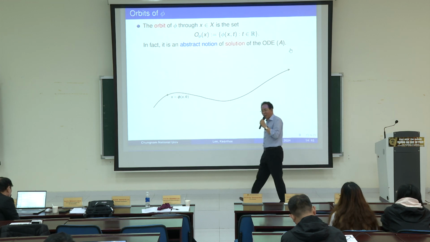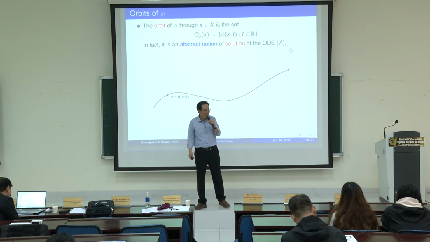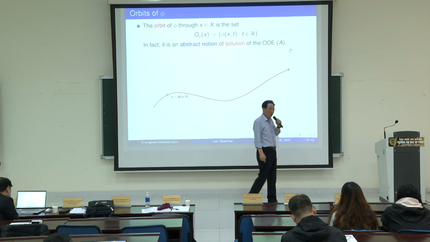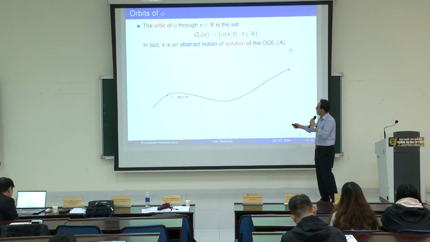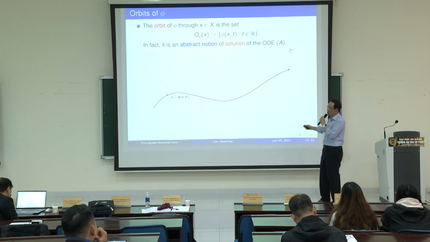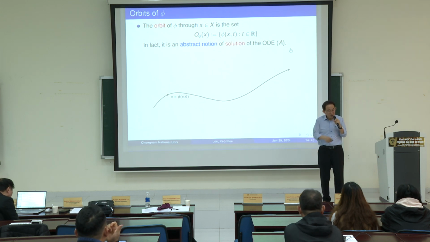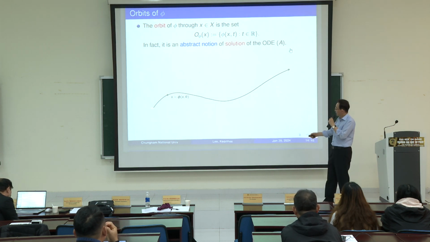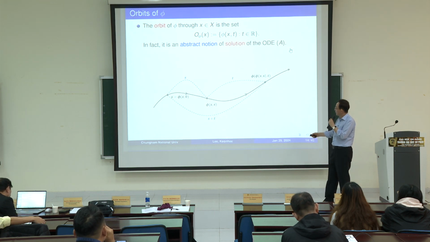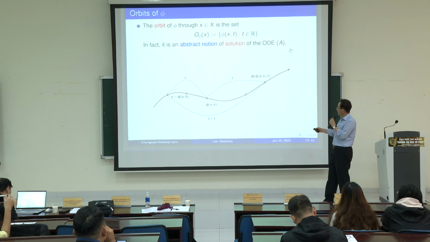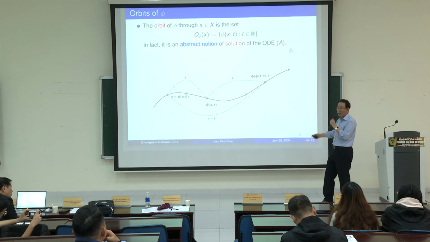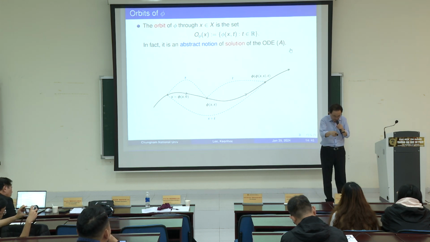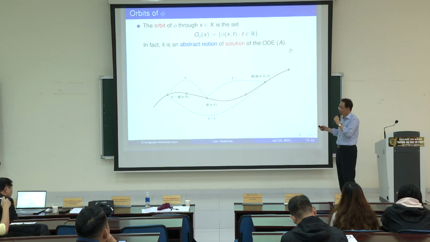Natural phenomena evolve in time. There is a time, so it is a dynamic process. In fact, it is an abstract notion of solution. Here is the orbit. If you arrive here at time s, then at time t after s you arrive here, because of the uniqueness of the solution.